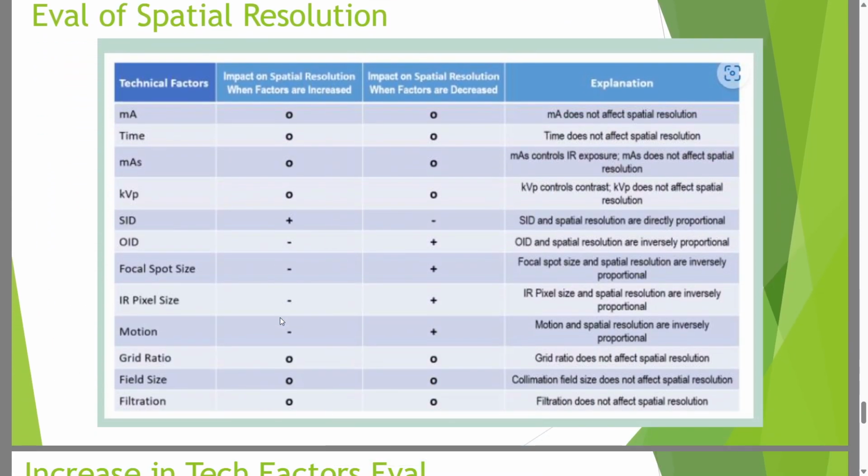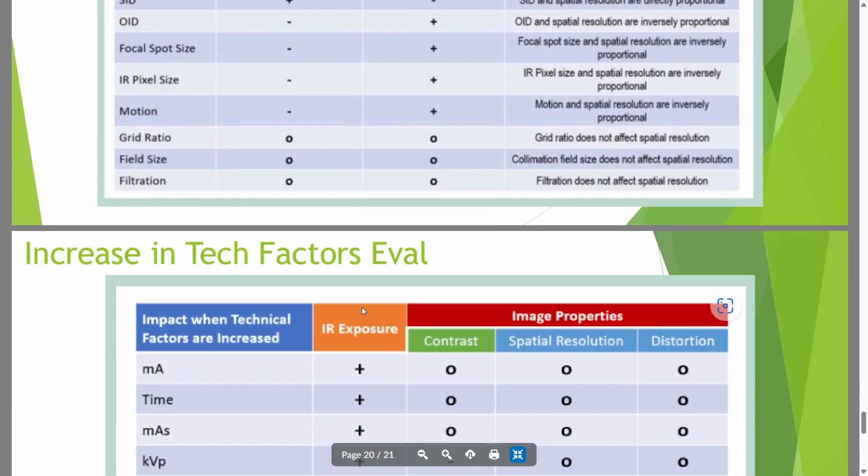For spatial resolution, most of our things that affect spatial resolution are SID, OID, focal spot size, pixel size, and patient motion. So those are pretty self-explanatory if you really think about how those would affect spatial resolution and therefore our ability to see a really clear image.